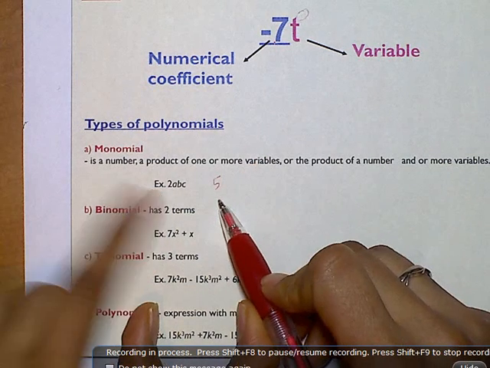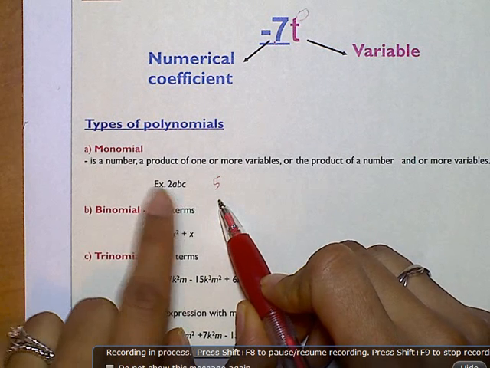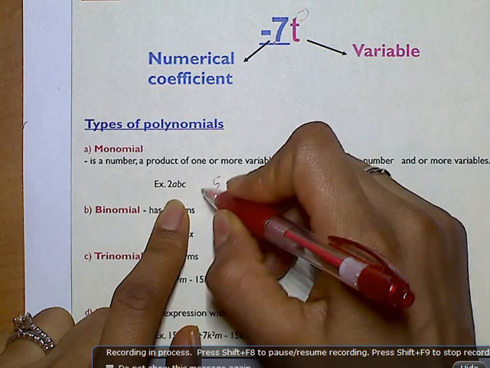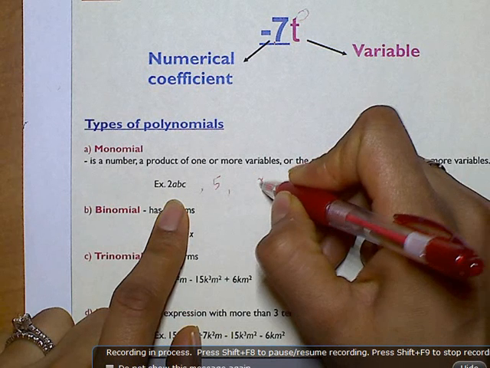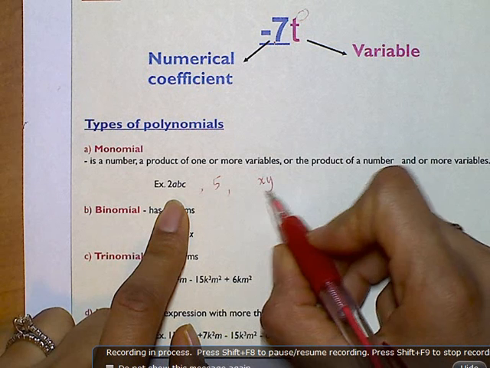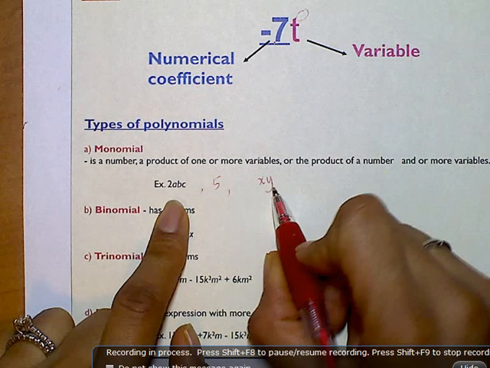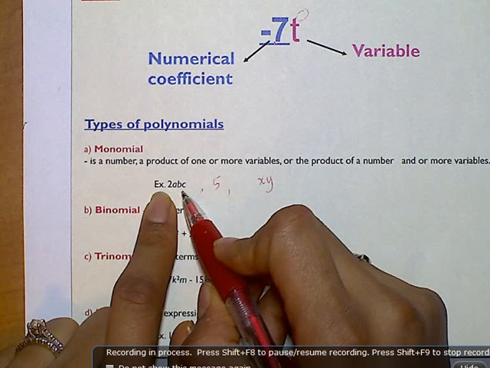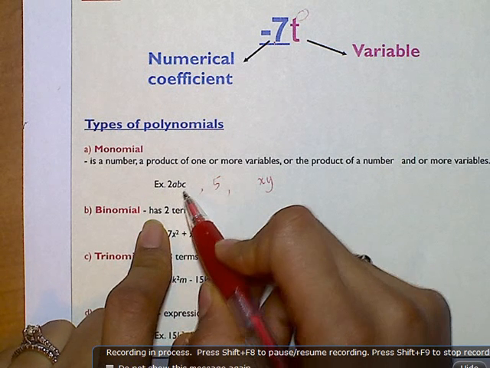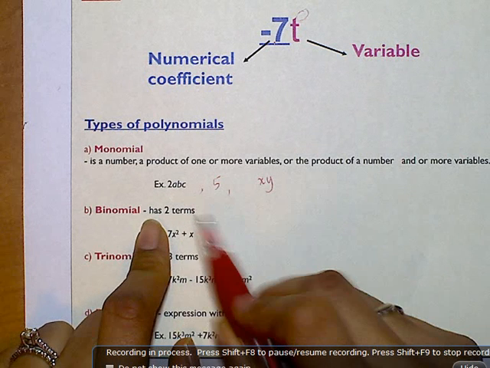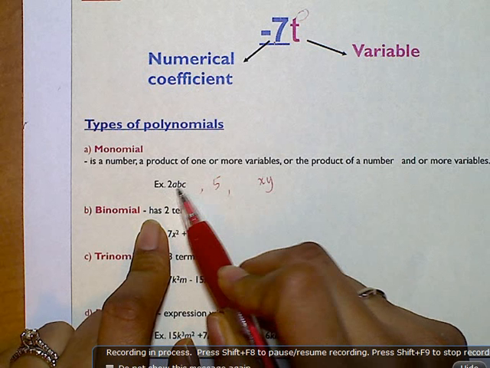You can have a product of one or more variables. I could also have something like xy. That is a monomial because it's a product of one or more variables. Or you can have a product of a number and one or more variables. So for example, 2abc, this is also one term.